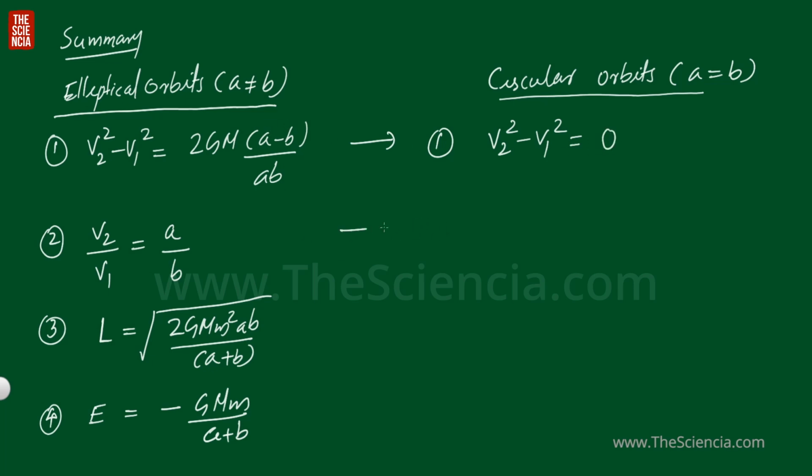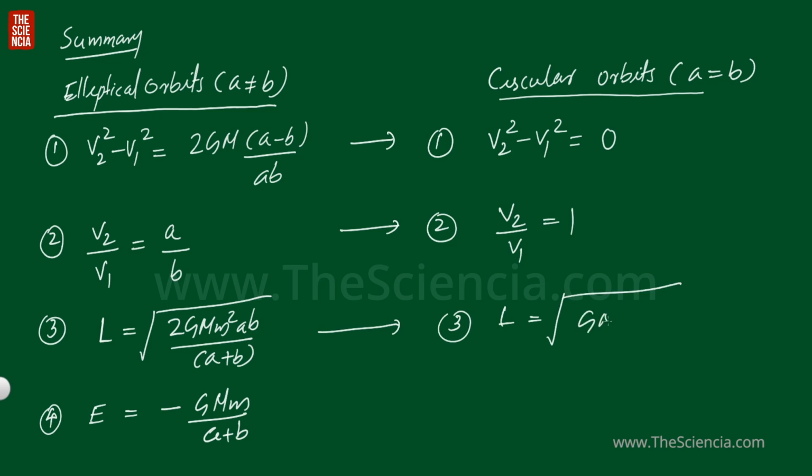And second equation will be v2 by v1 will be equal to 1. And third equation, angular momentum L will be equal to root GM m square R. And equation for energy will be E equal to minus GMm by 2R.